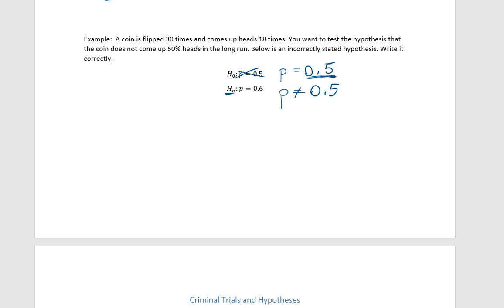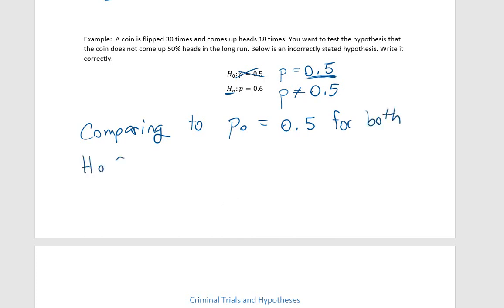Now, one of the big things is that we are always comparing to p naught, which should always be 0.5 for both H naught and HA.